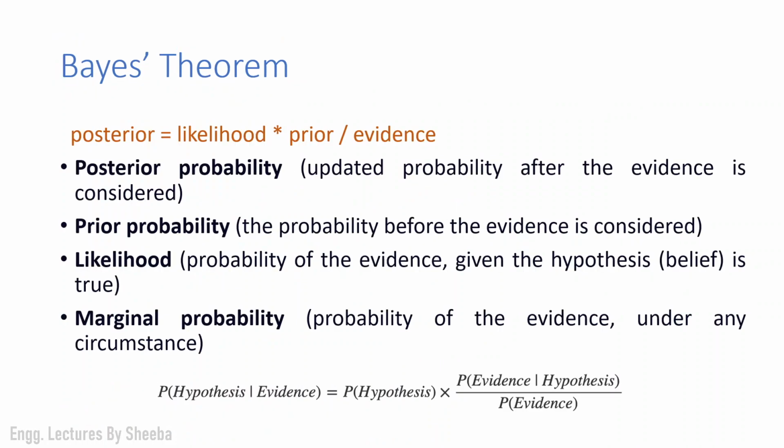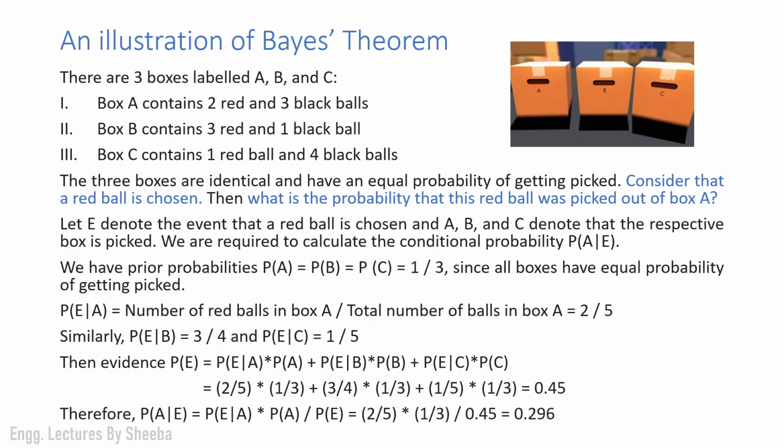Now let us again consider one example in which we consider three boxes, A, B and C, three identical boxes. Let us assume that box A contains 2 red and 3 black balls, box B contains 3 red and 1 black ball, and box C contains 1 red and 4 black balls.